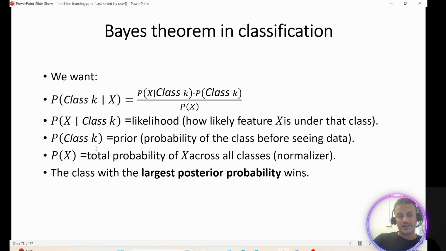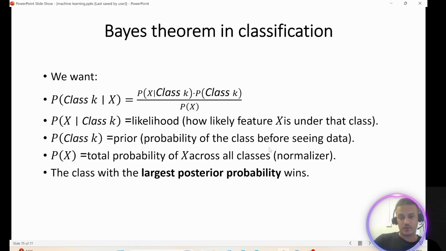And we have P of class k, which is the prior probability of the class before seeing data. This is the probability before seeing data, and it is called the prior. P of class k is the prior, and the other term is the likelihood, divided by P of x, which is the total probability of x across all classes.